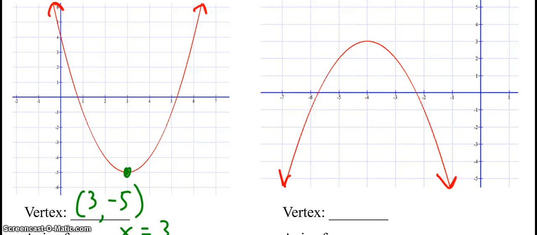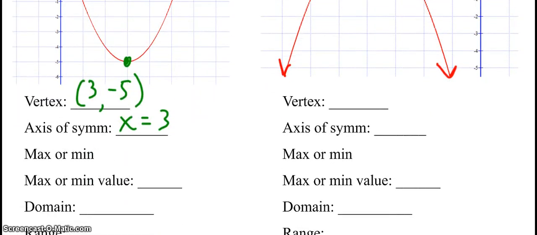I would describe this as the bottom or the lowest point on the graph, and so this is a minimum. What is the maximum or the minimum value? That is the y-coordinate of the vertex. So that is -5, and I'm getting that from this.